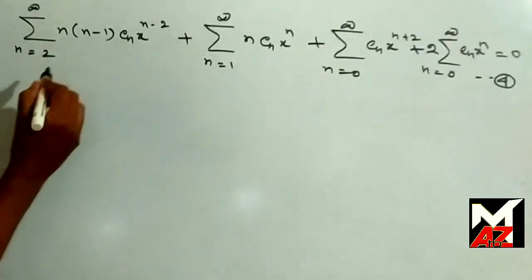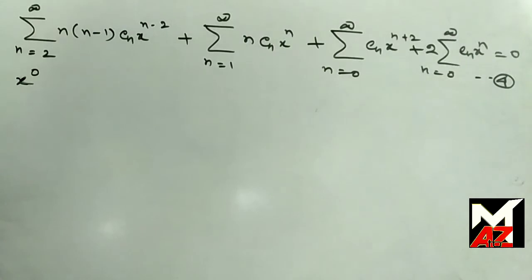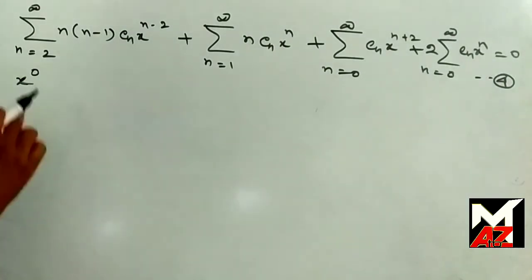Now the coefficient of x to the power 0: we get it from here.